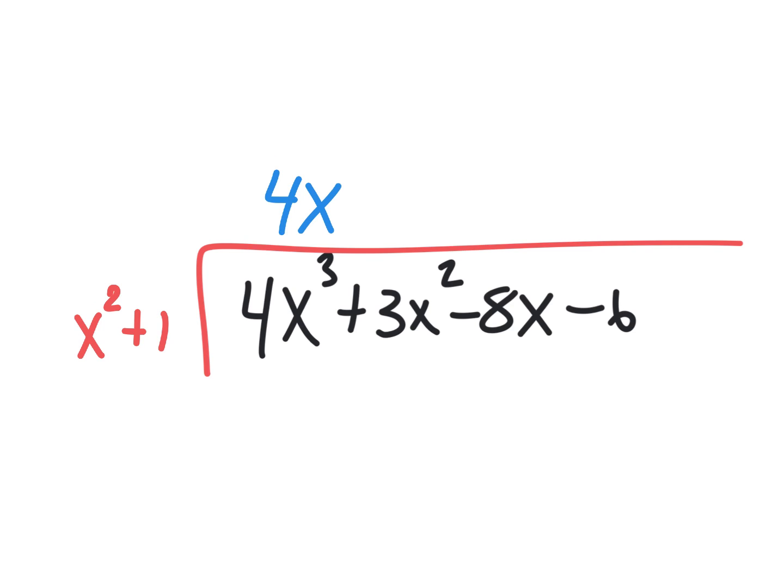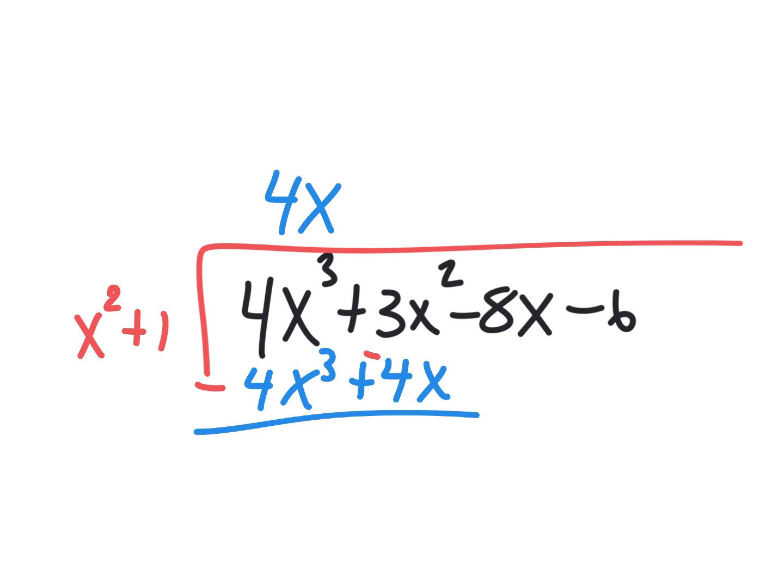Four x is a good start. Most of you probably knew that. Did you catch that something gets weird right here? Because these cancel, but the other two can't even match up because one's x squareds and one's x's.